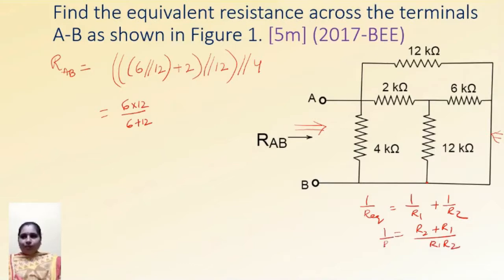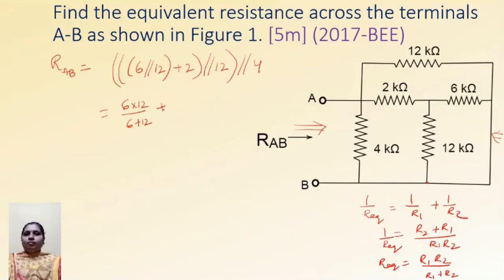Now I want R equivalent, that means the reciprocal of this, that is nothing but R1 into R2 by R1 plus R2. Okay, so this is how I have solved it. 6 into 12 by 6 plus 12 is 4. 4 plus 2 is 6.